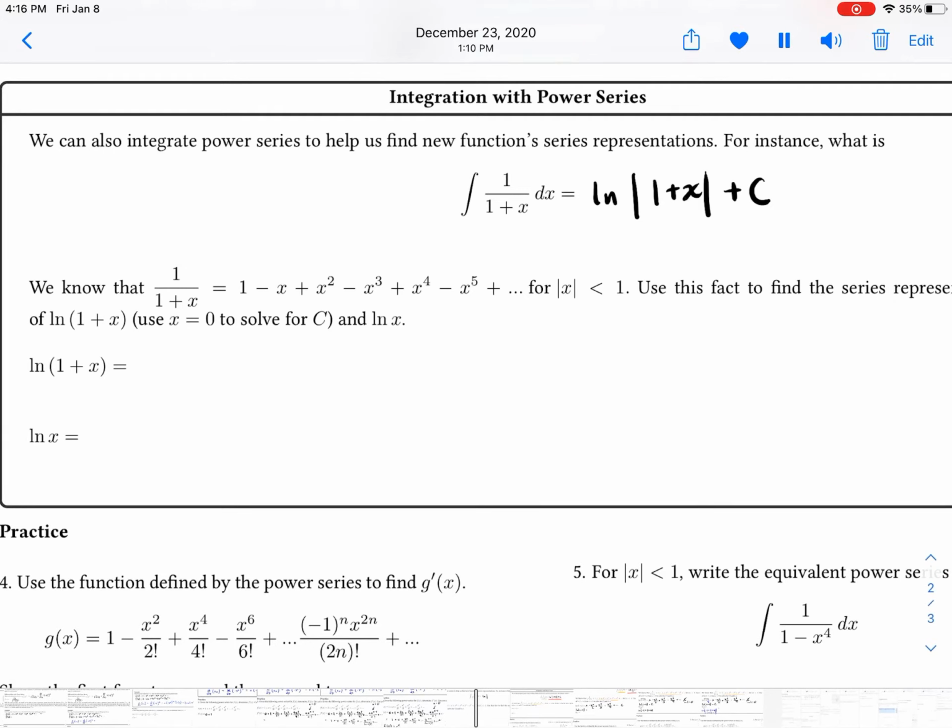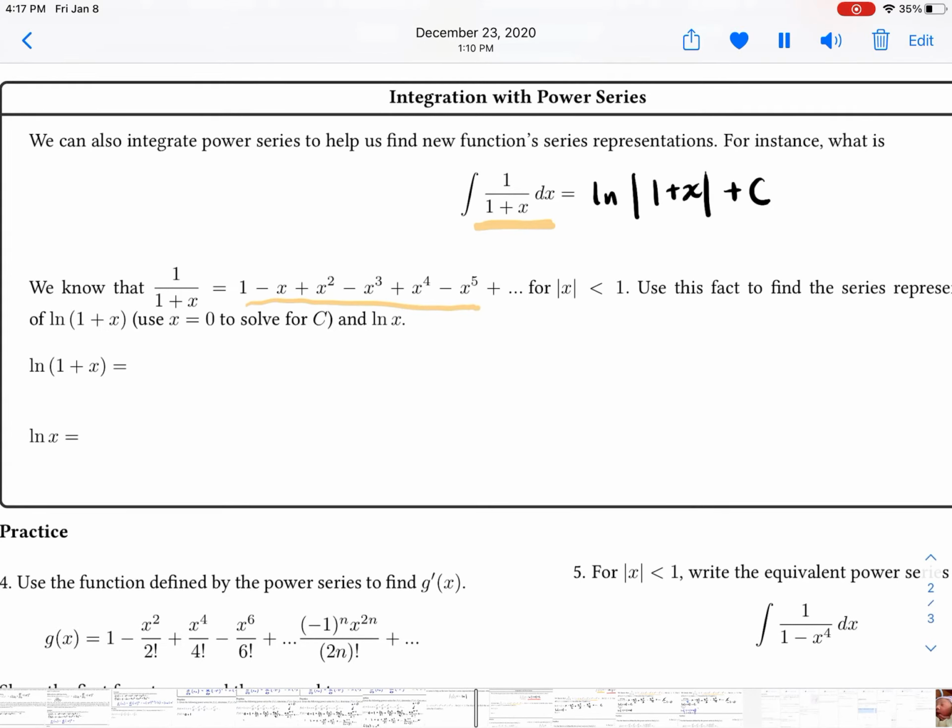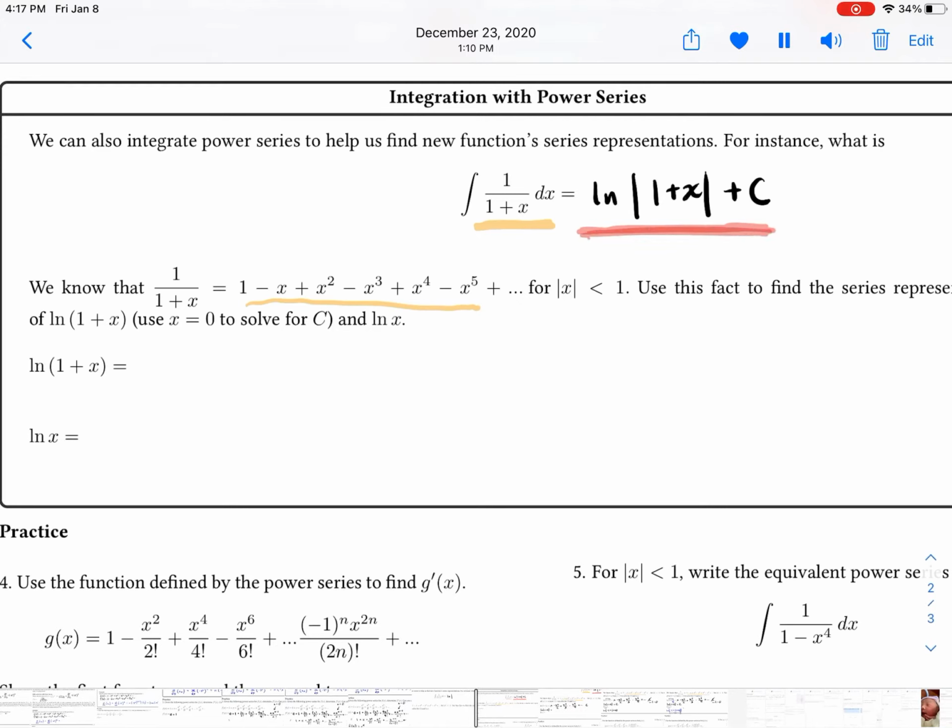Now we're going to use this bit of information to find the series representation of the natural log of 1 plus x. Well, what do I mean by that? Since I know that this integrand results in this power series, and I know that this is the integral of 1 over 1 plus x, that must mean that the power series for the natural log of 1 plus x must be equal to the integral of the power series of 1 over 1 plus x.